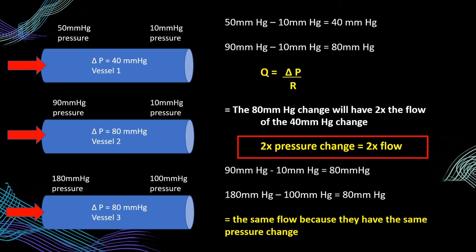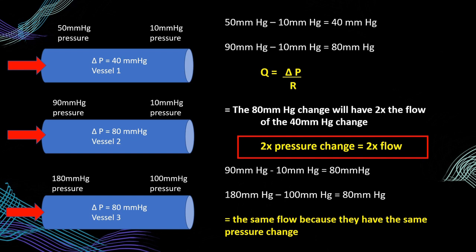So let's take a look at some examples on this change in pressure over the resistance. So let's suppose I have vessel 1 here, and it's going from 50 millimeters of mercury down to 10 millimeters of mercury. So my pressure change is 40 millimeters of mercury, also shown over here on the right. If I take vessel 2, it's going from 90 millimeters of mercury down to 10 millimeters of mercury.